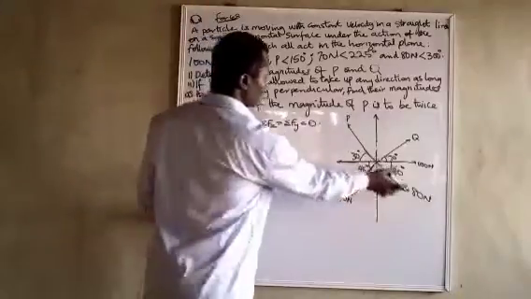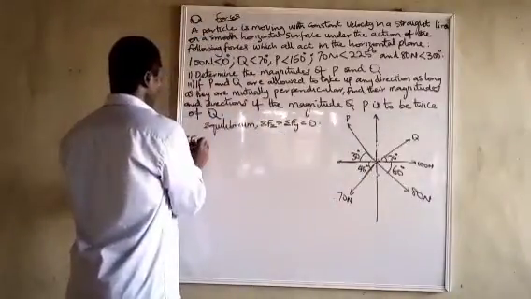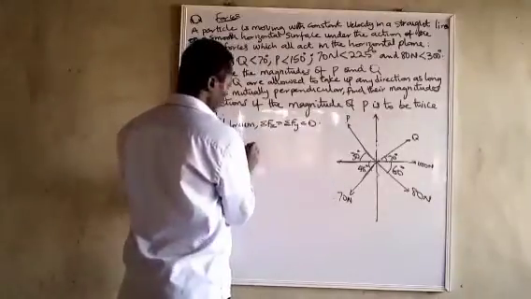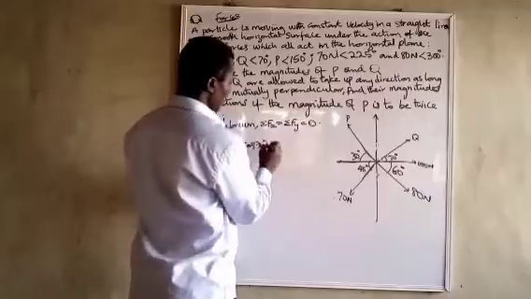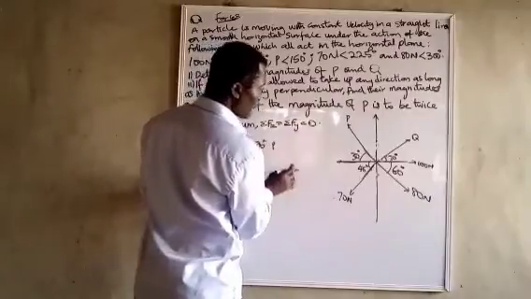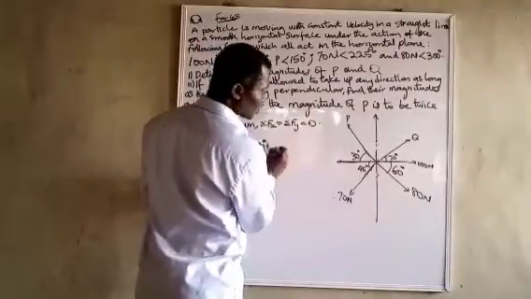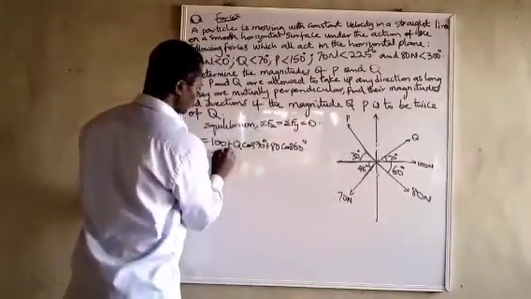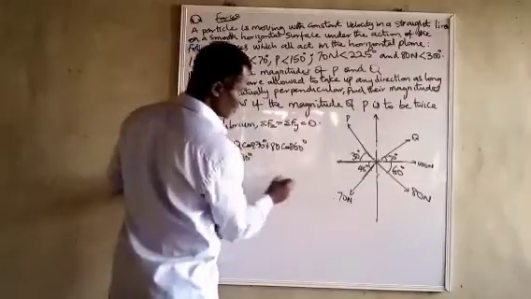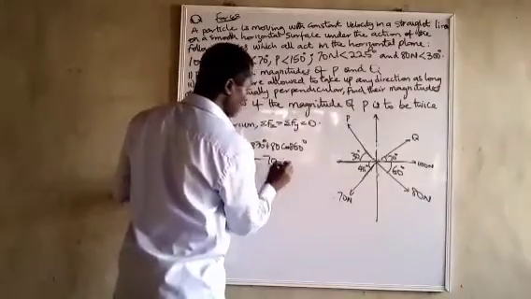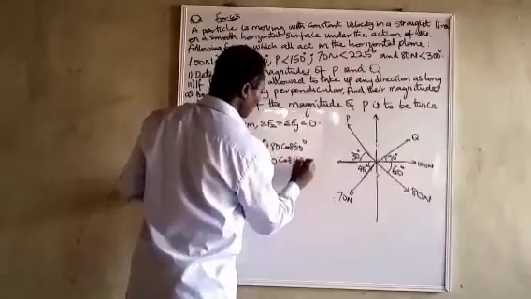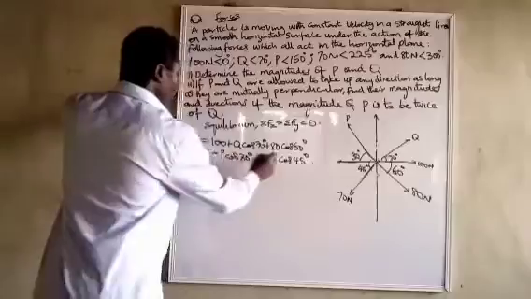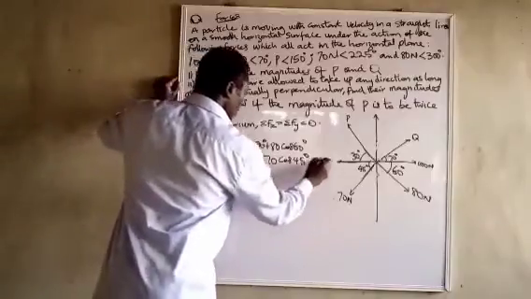So summation Fx will equal 100 plus Q cos 70 degrees plus 80 cos 60 degrees minus P cos 30 degrees minus 70 cos 45 degrees, and this is equal to 0.